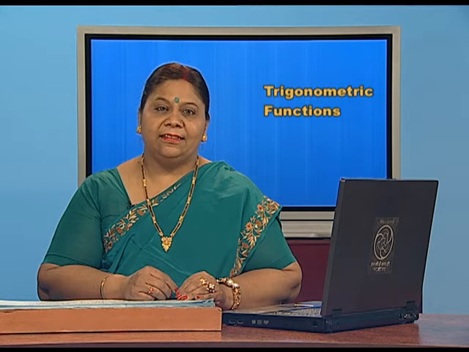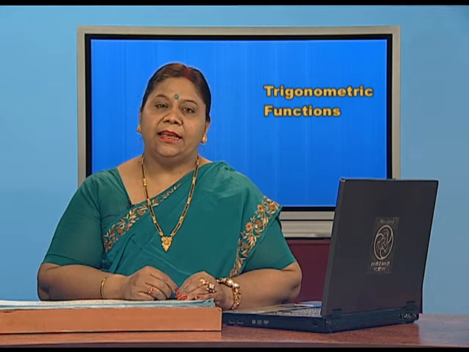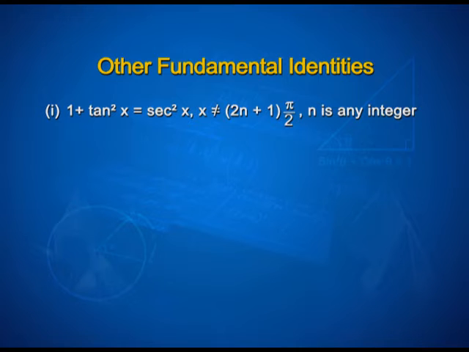Now, let us discuss some other fundamental identities. 1 plus tan square x is equal to sec square x when x is not equal to (2n plus 1) into pi by 2, n is any integer.